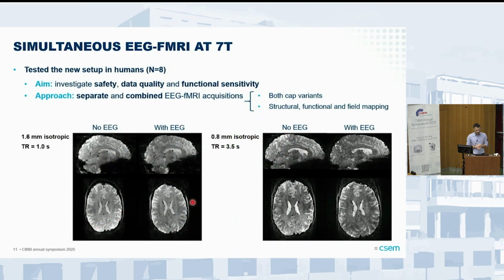So we ran a pretty comprehensive study to assess the quality and the functional sensitivity of this new setup. We tested on Phantoms and on humans, 8 healthy humans, and investigated these aspects of safety, of data quality, and functional sensitivity. We acquired both separate EEG, separate MRI, and combined acquisitions to really look at the impact of each modality on the other when they're there and not there.